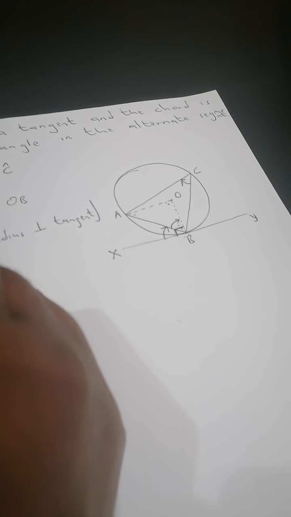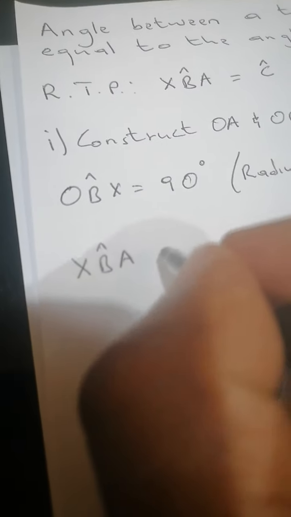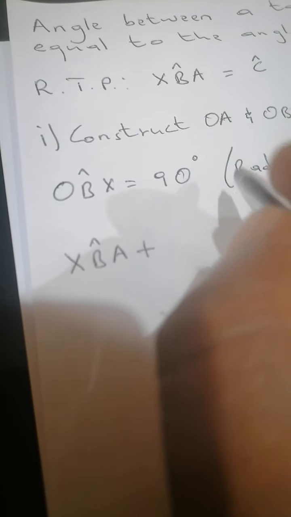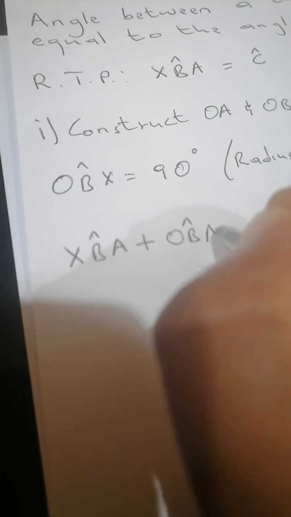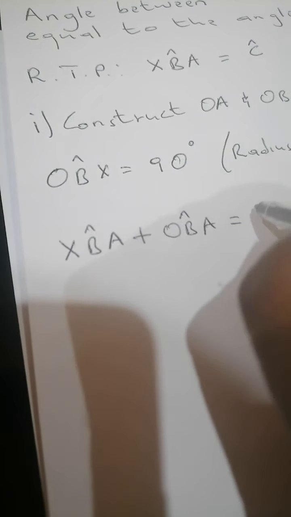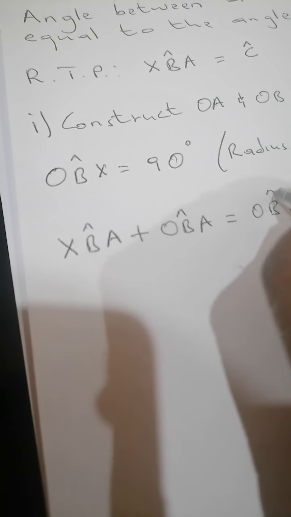So we can just say angle XBA plus angle OBA is equal to angle OBX. That's just what it is.